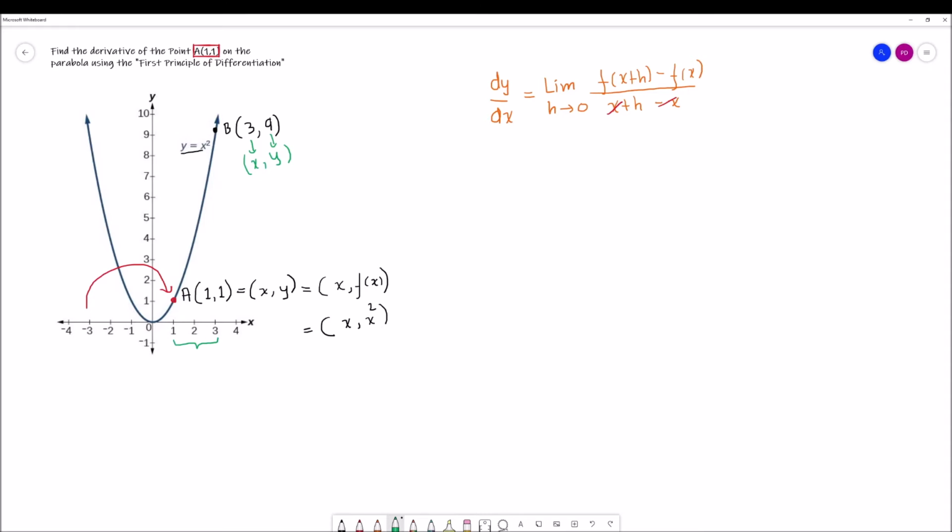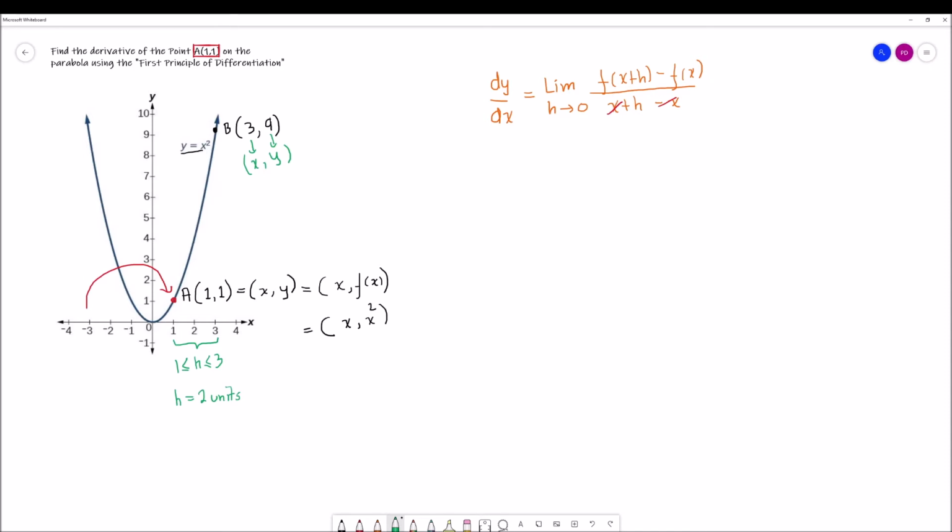Okay? So the value of h here is actually more than or equal to 1, but less than or equal to 3. So h is actually 2 units here. It's 2 units. Now, why do we need to apply the concept of the limit as h approaches 0?